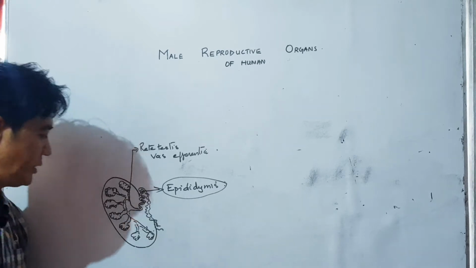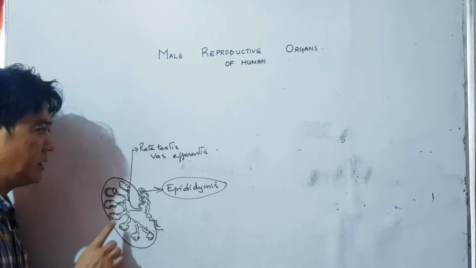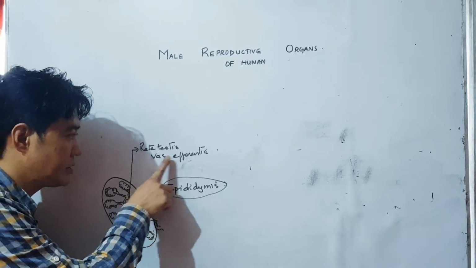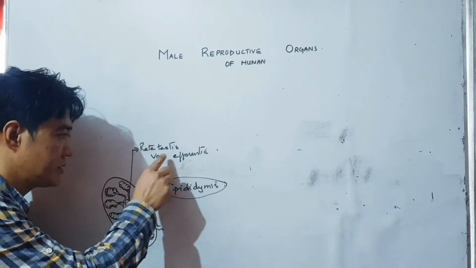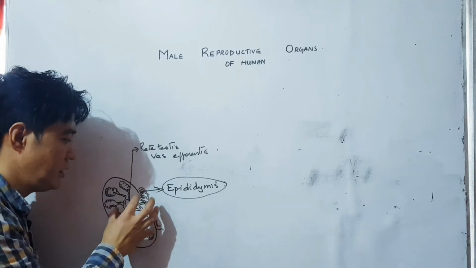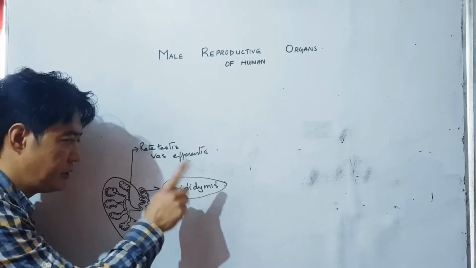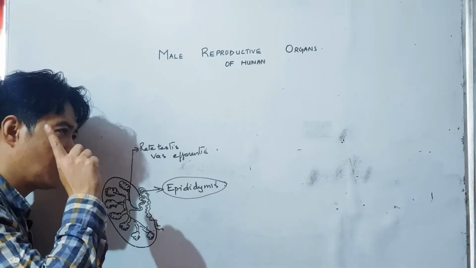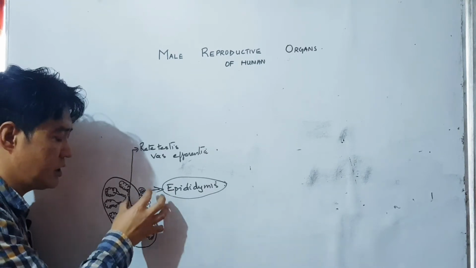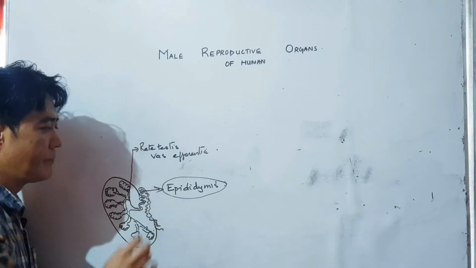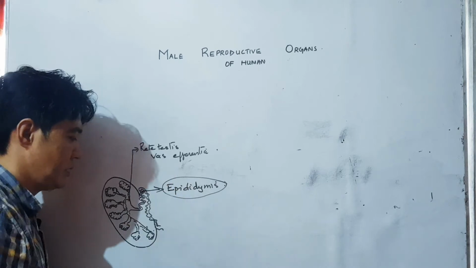Once again, I'll repeat that the common junction of 10 to 12 seminiferous tubules is the rete testis or vasa efferentia, and the vasa efferentia or rete testis ultimately lead to the common tubule known as the epididymis. The epididymis is the common highly folded tubule, which appears like a spring, is known as the epididymis.